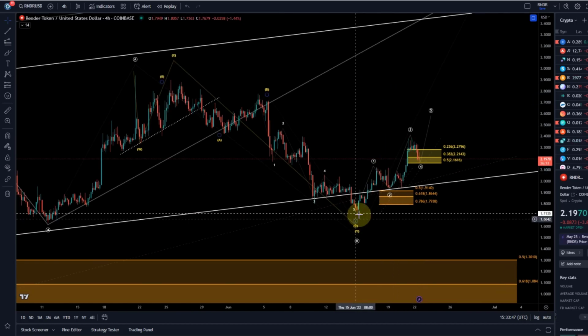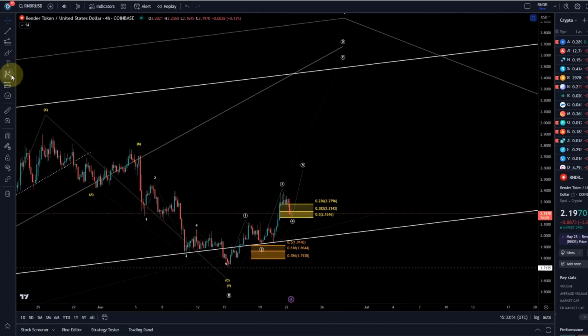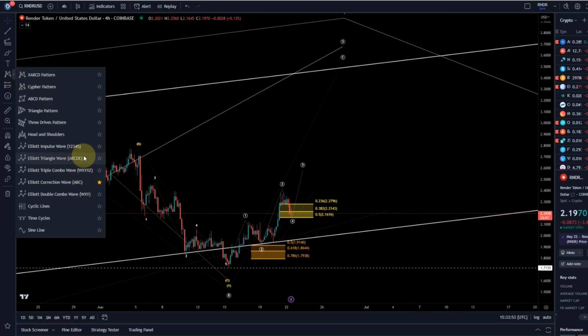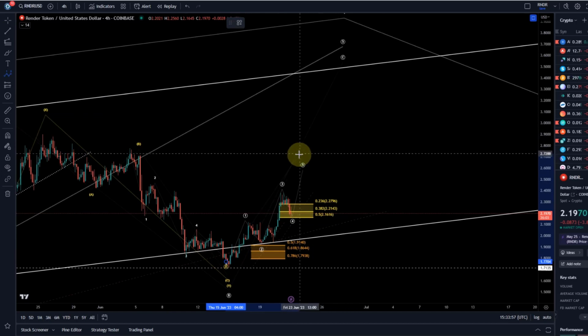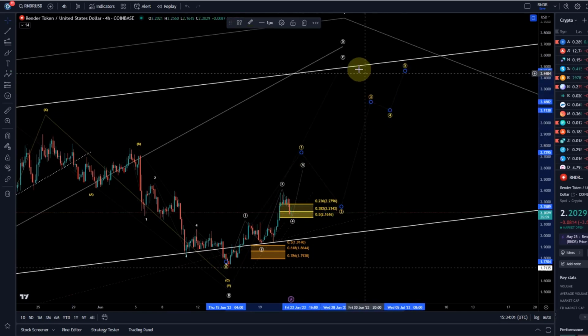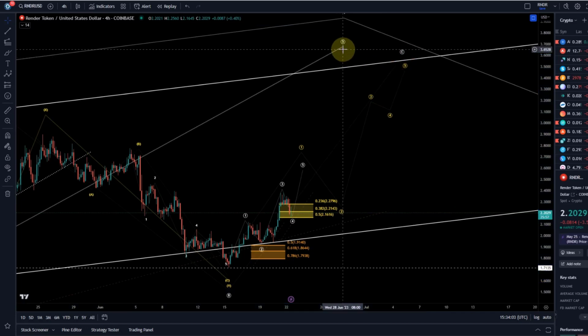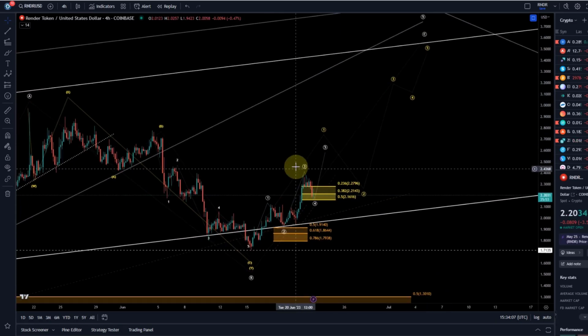So this could form a wave 1, and the most realistic bullish scenario would be that this is a wave 1, then a pullback in a wave 2, 3, 4, 5 of wave C, of larger degree wave 5, like that.